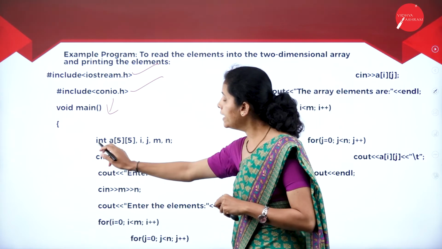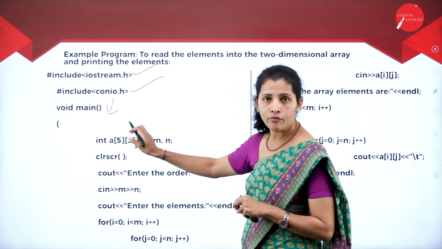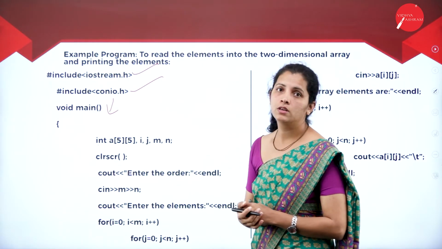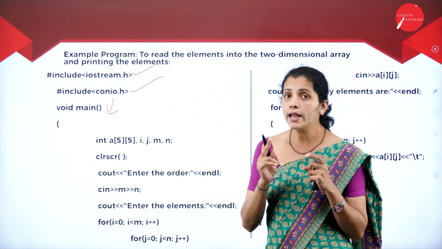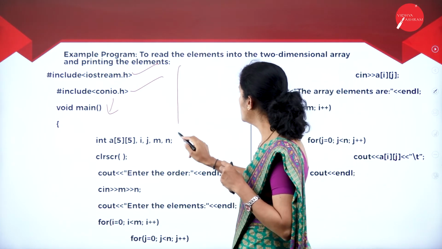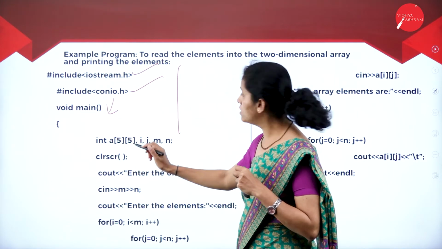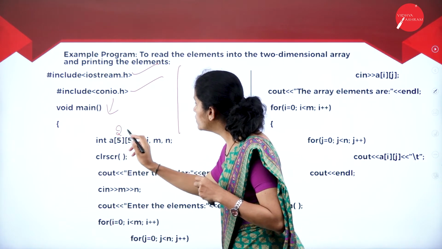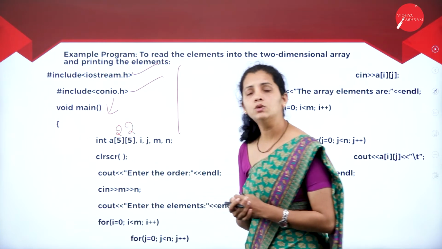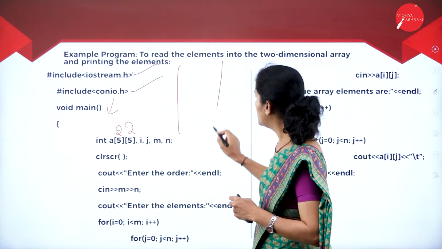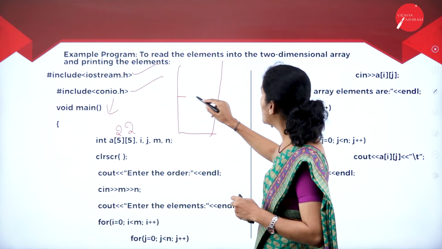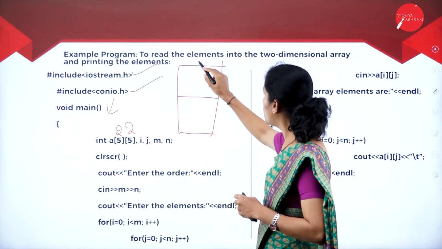So here int a[5][5]. Here I'm going to have 5 rows and 5 columns. Instead of 5 rows and 5 columns, I'll take 2 rows and 2 columns.